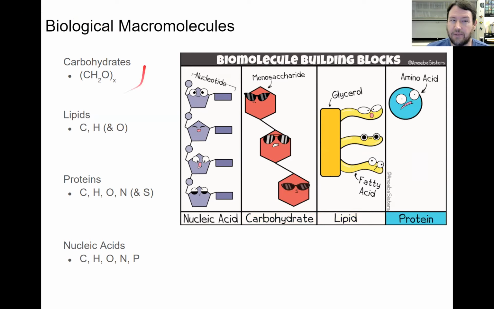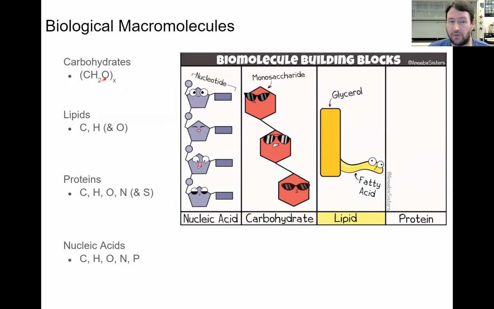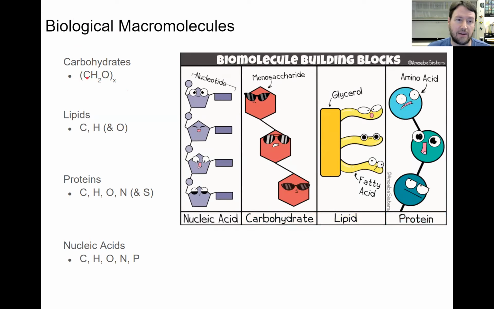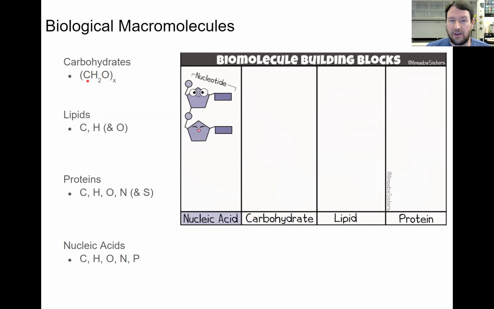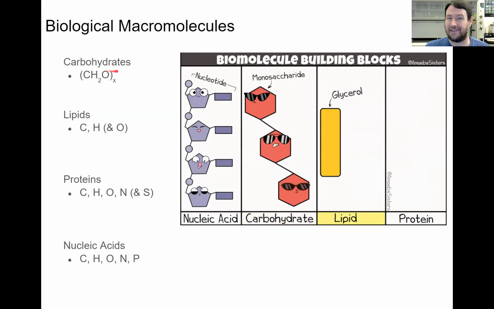But basically, carbohydrates have a chemical formula that is just carbon, hydrogen, and oxygen, in a ratio of 1 to 2 to 1. So for each carbon atom, you have basically a molecule of water. So that's how they get their name.